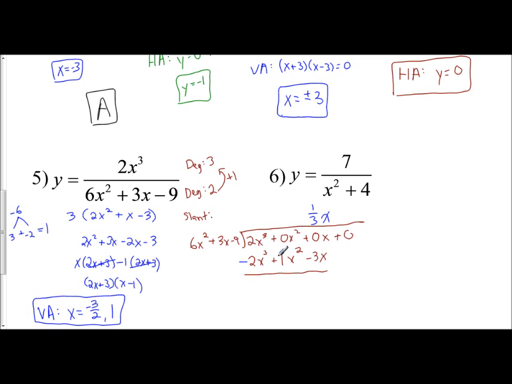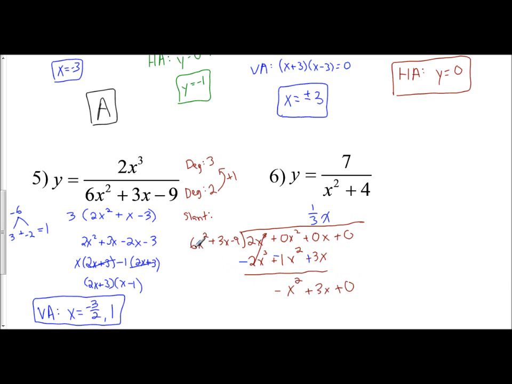This becomes a negative, this one becomes a negative, and this one becomes a positive. And then just perform the vertical operations. 2x cubed minus 2x cubed cancels. 0 minus 1, so I'm going to get negative x squared. 0 plus 3, I get plus 3x. So I have plus 0.